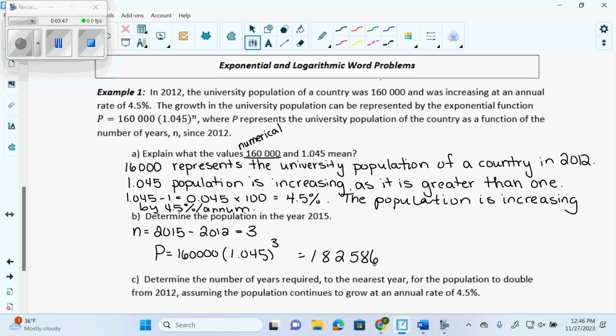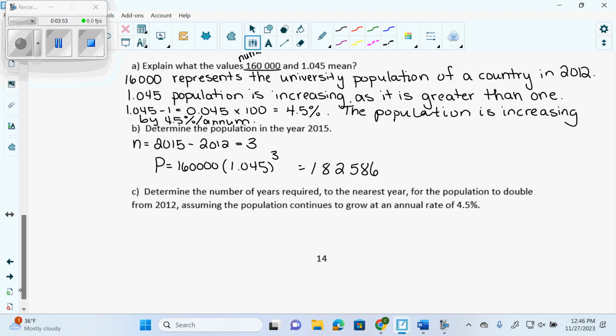So in the year 2015, the population was 182,586. And you'd have to write that. In the year 2015, there were 182,586 people.